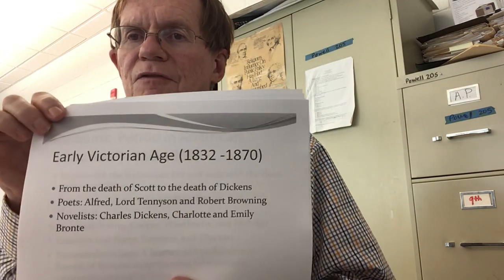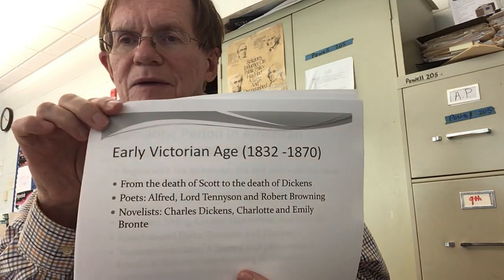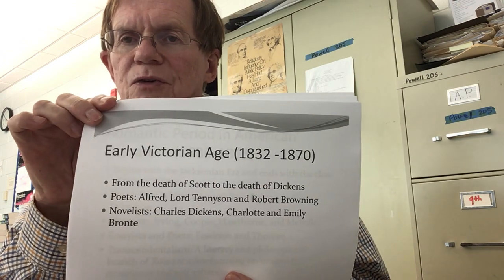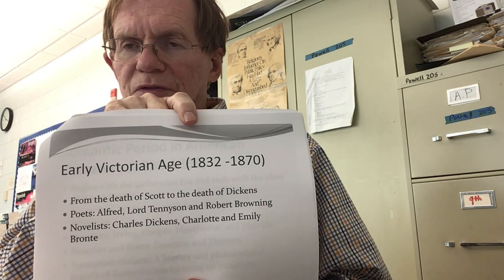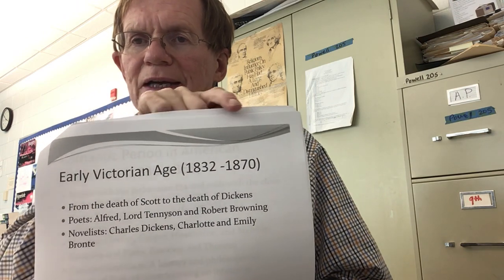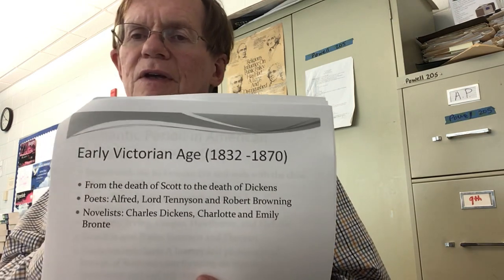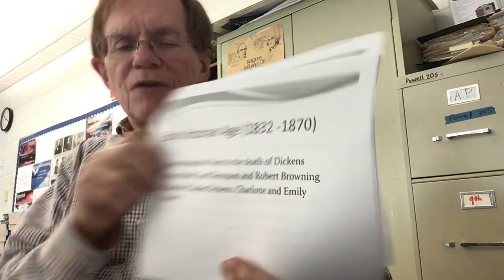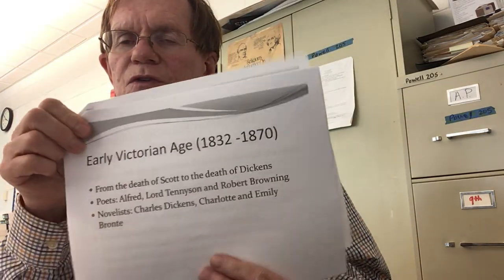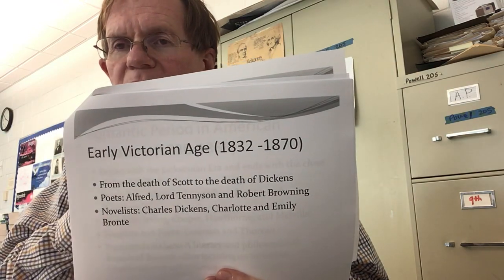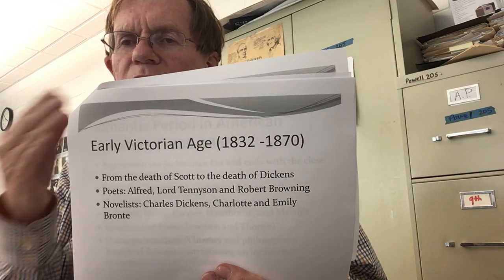And then there's a second section of the Romantic movement in England called the Early Victorian Age. It starts with the death of Sir Walter Scott and ends with the death of Charles Dickens. So the deaths of Scott and Dickens mark the end of the 2 eras.